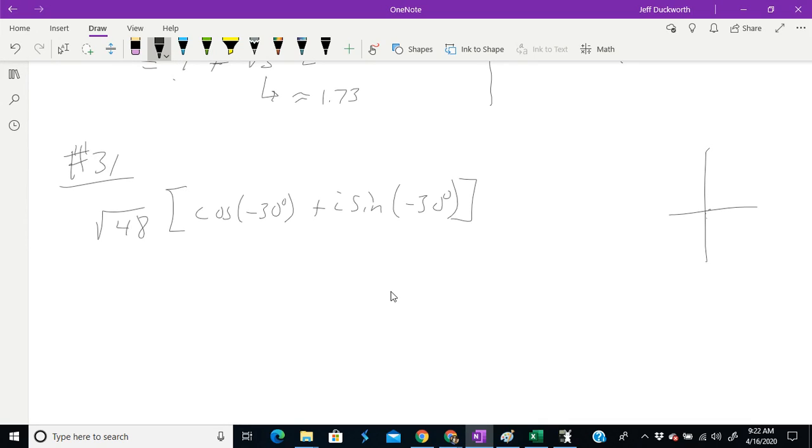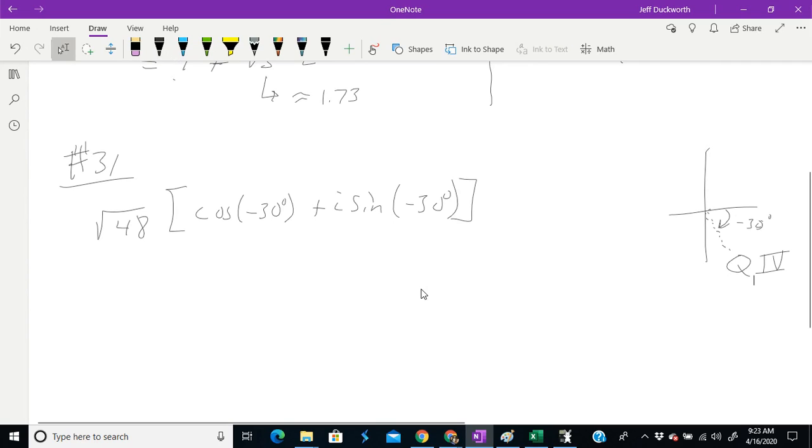So probably our line is going to look like this. And this is negative 30 degrees. So we're in quadrant 4. That'll help us calculate what those values are going to be.